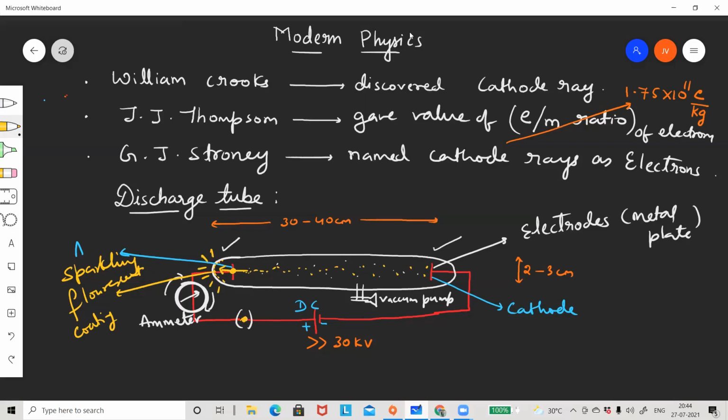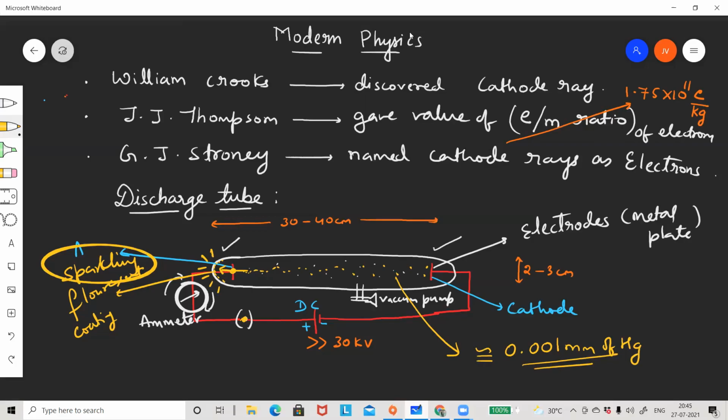In fact, this fluorescent sparkling was seen when the air pressure inside the discharge tube was very low. When more air was there, no sparkling was there. When the air pressure was approximately 0.001 millimeter of mercury, a simple barometer gives a reading like this.